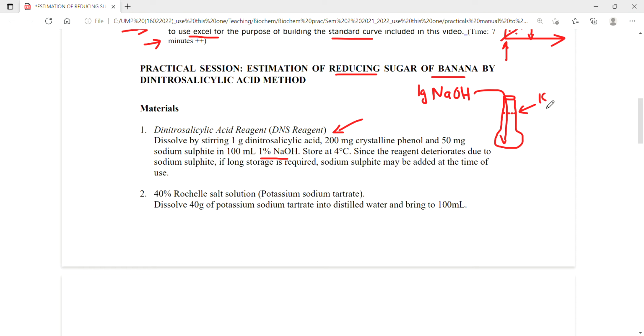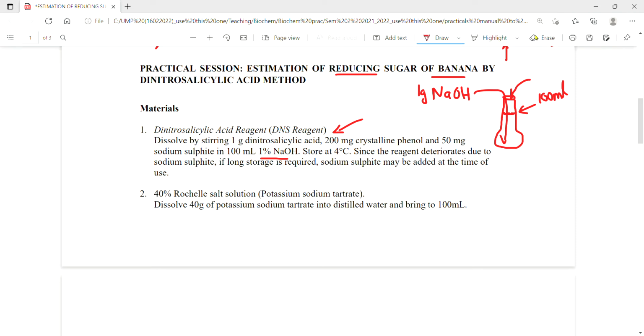You must use a 100 ml volumetric flask, and then you pour water up to this line, followed by covering the container and tilting it upside down several times.